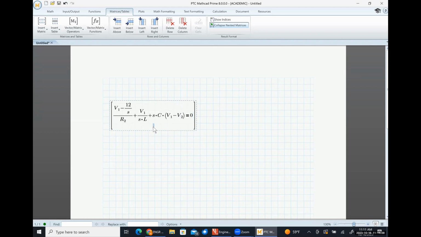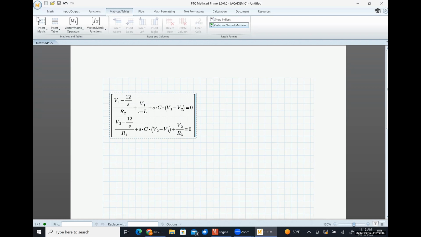My second expression I'm going to type in here: V2 minus 12 over S, all divided by R1, plus S times C times V2 minus V1, plus V2 divided by R3 is equal to 0.